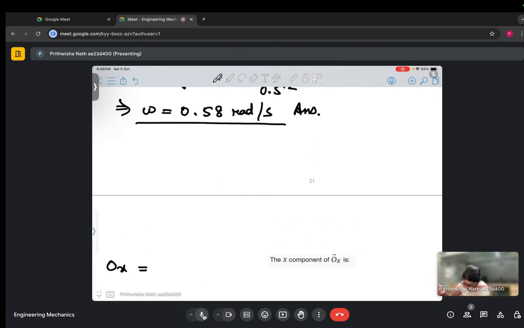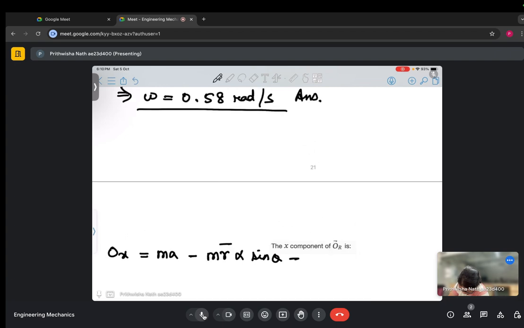So MA minus of MR alpha sine theta minus of MR omega square cos theta.